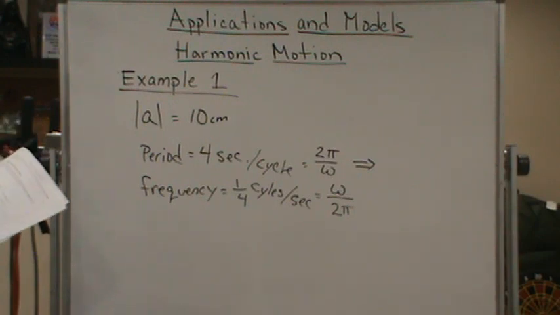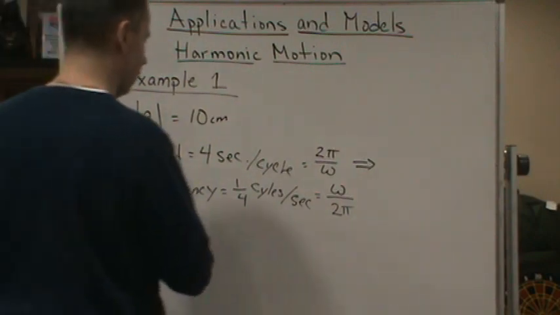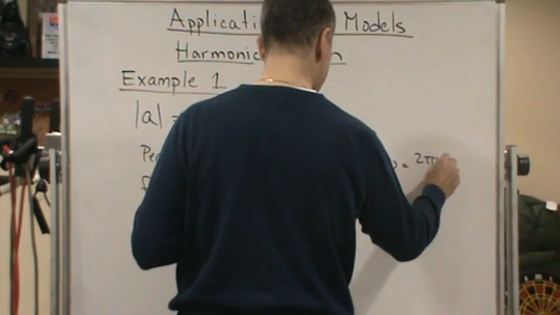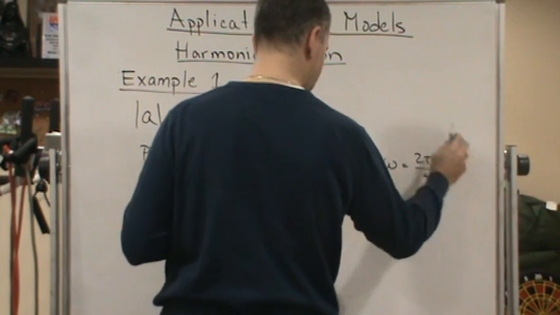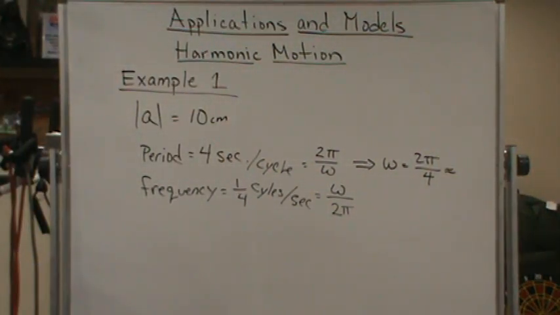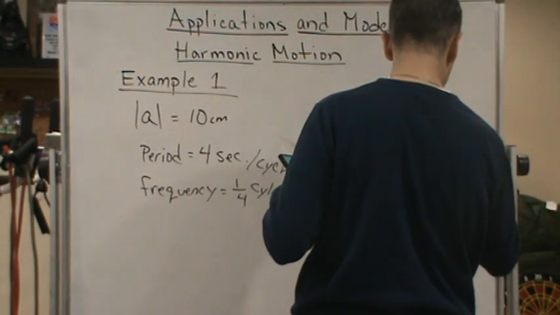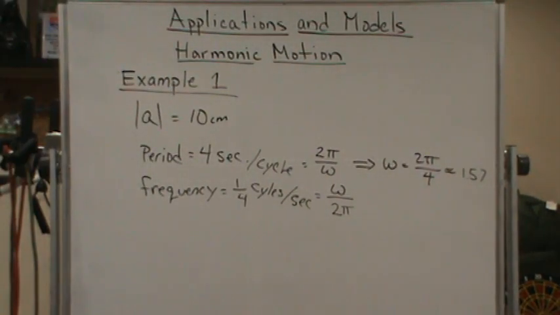So with 4 seconds, omega equals 2 pi divided by 4, which is approximately 2 times pi divided by 4, about 1.57.